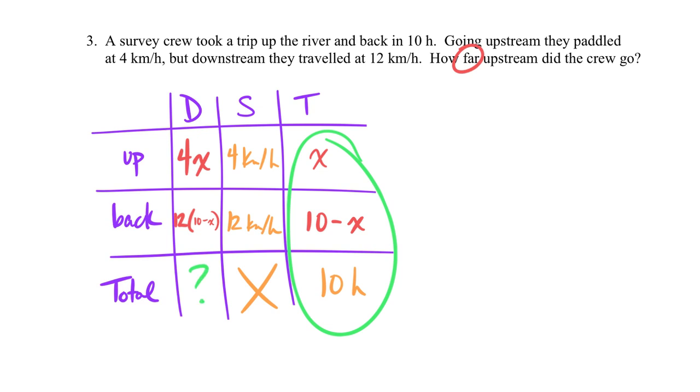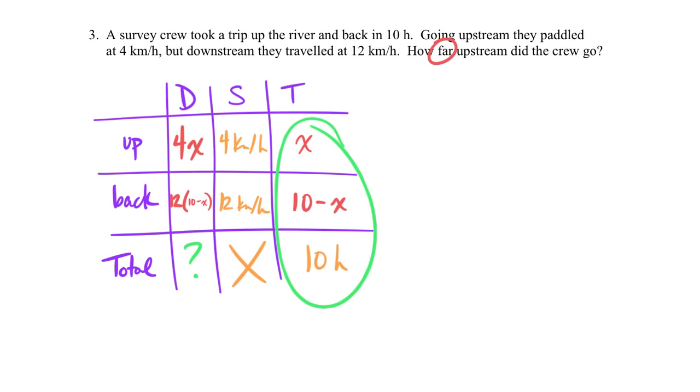I wish I knew the total distance. And I'm going to argue to you, it doesn't really matter. Now, I do recognize that this takes some interpretation, and maybe this is a little ambiguous, but I'm going to clarify some wording in the problem. It says that a survey crew took a trip up the river and back.